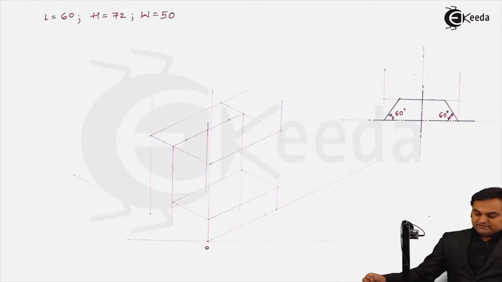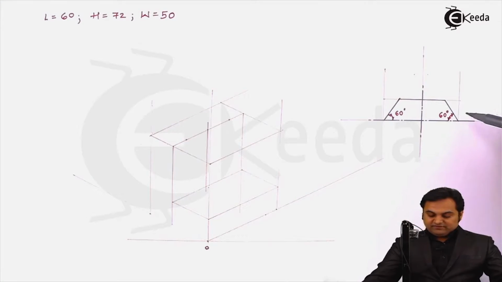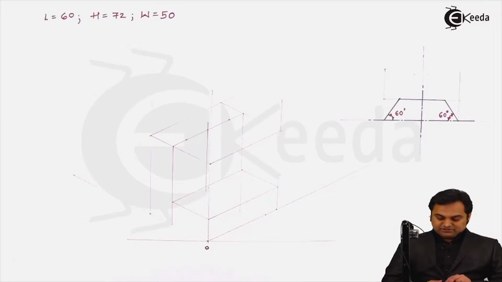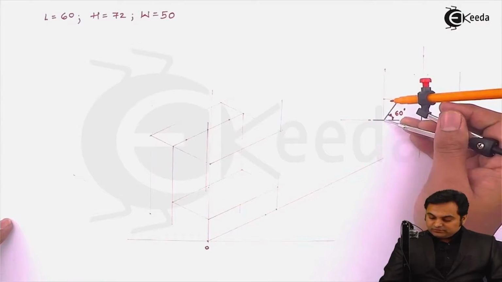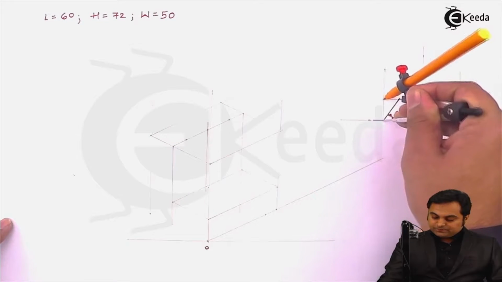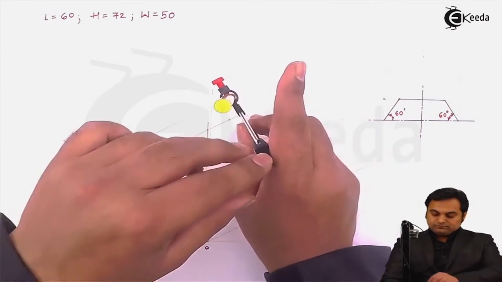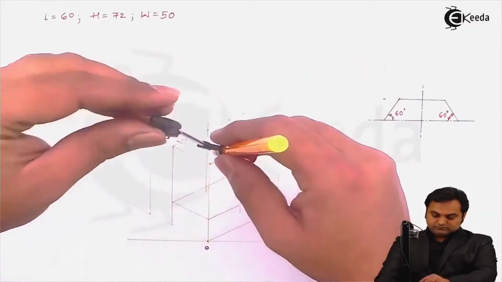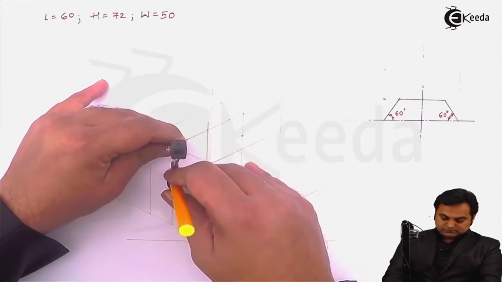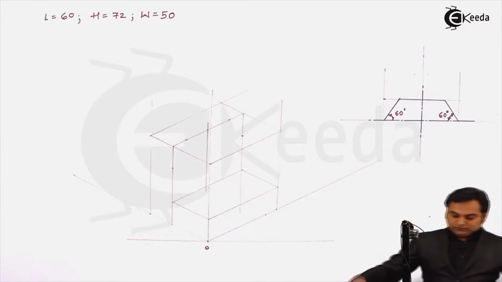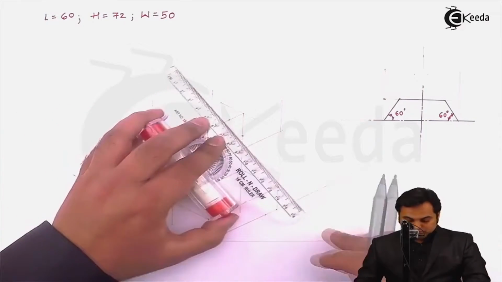Now next I can say that as this surface is having a height of 20 mm, the same 20 mm which I am getting here, I am just going to mark it over that. So I am measuring this distance of 20 mm, plotting it over these vertical lines, then drawing light lines.